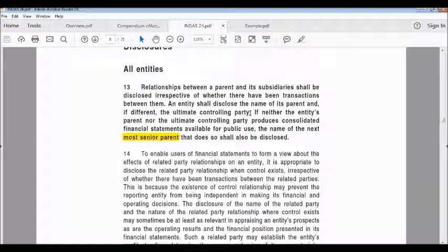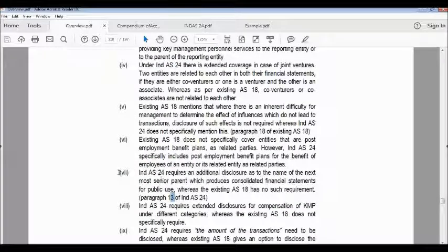If neither the entity's parent nor the ultimate controlling party produces consolidated financial statements available for public use, the name of the next most senior parent that does so shall also be disclosed. This will be very rare and not applicable to most of you, so you can forget about this difference regarding the additional disclosure of the next most senior parent which produces consolidated financial statements for public use.